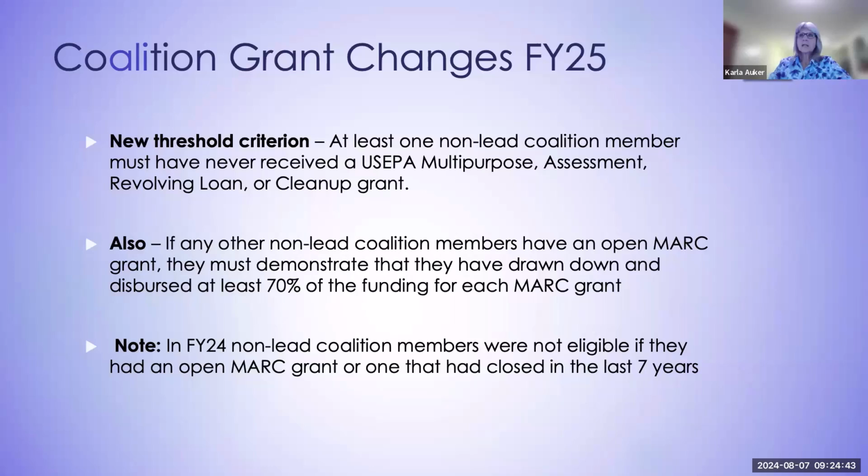This year, the non-lead coalition members are allowed to have received MARC grants in the past, and they can even have an open MARC grant right now, but they have to have shown that they've drawn down and dispersed at least 70% of that funding for each of their grants. So say somebody has a non-lead coalition member that has an assessment grant and has a cleanup grant. It's not good enough that their assessment grant money has been drawn down and dispersed to at least 70%. That cleanup grant money has to have been drawn down and dispersed as well. Next slide, please.